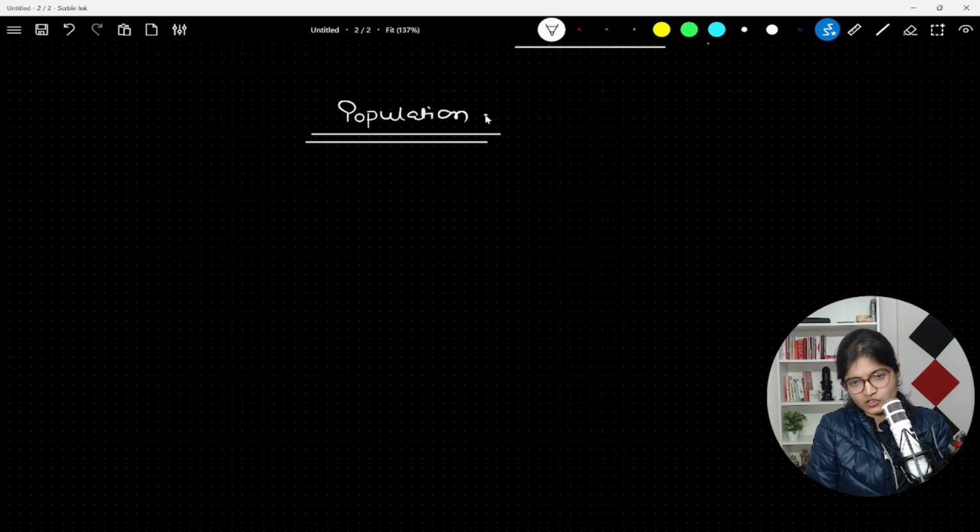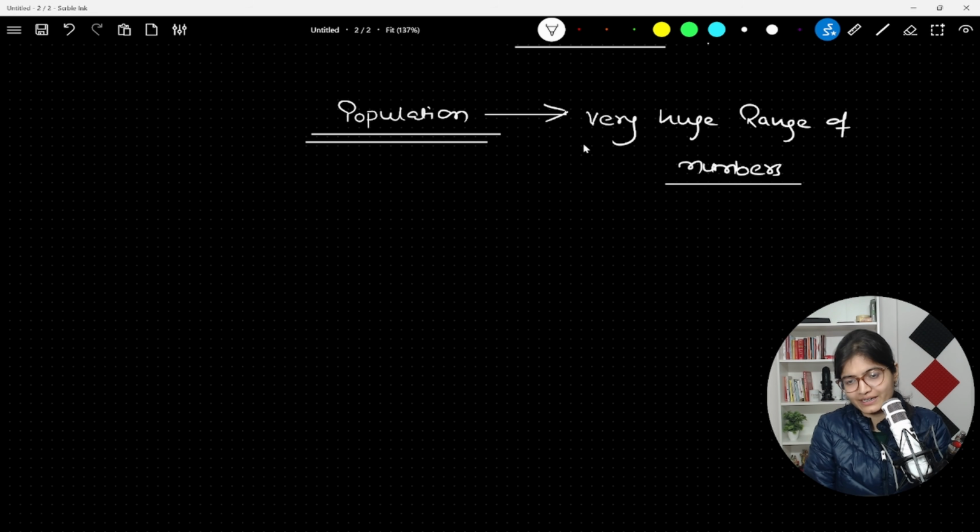And that makes sense, because we are talking about the number of people living in a particular block. So population has a huge range of numbers. That is what we have seen in the box plot as well.